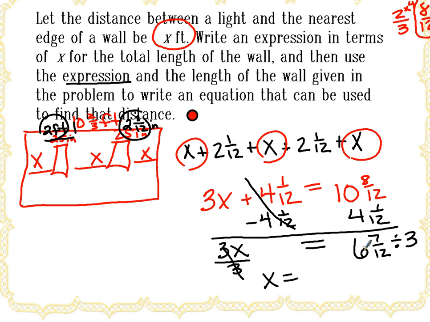So 12 times 6 is 72, plus 7 is 79 over 12. Change to multiply and flip to 1/3. As we multiply across, 79 over 1 is 79. 12 times 3 is 36.